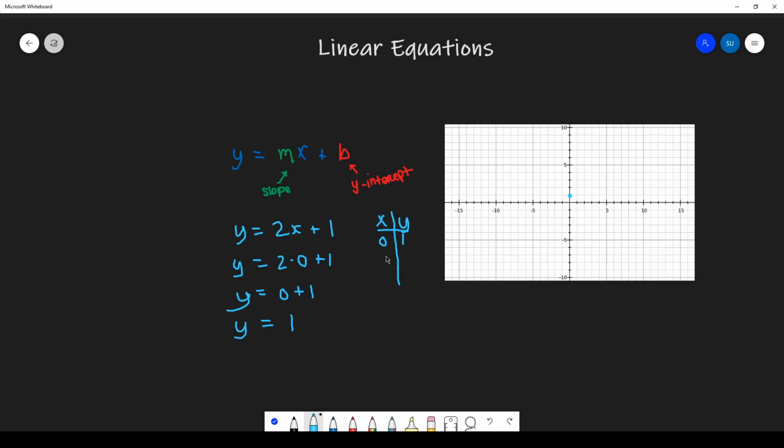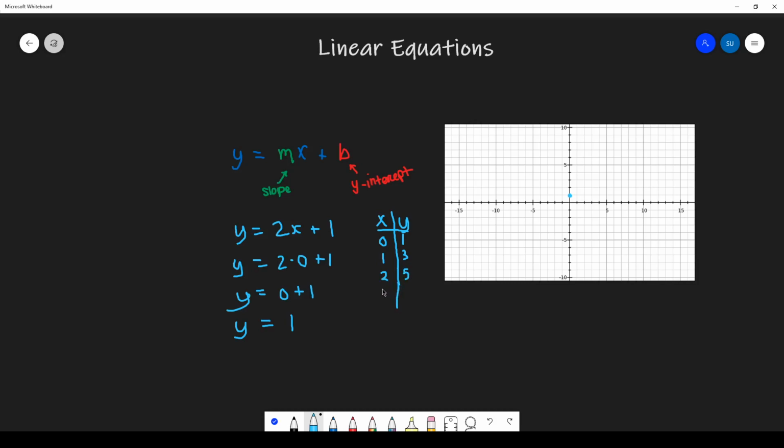So now let's find some more points. We don't have to write out this equation at all, really, for the smaller numbers. It's very easy to do in your head. So say x were to be equal to 1, then that would be 2 times 1 is 2, plus 1, 3. Easy. You could just keep doing this. So x is 2, 2 times 2 is 4, plus 1 is 5.